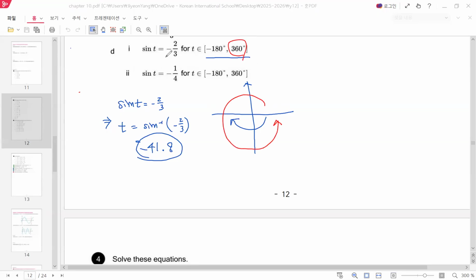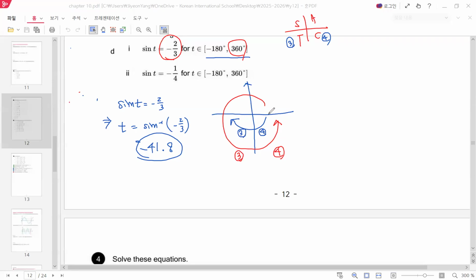So since sine value is negative, by using the CAST rule, this angle should be located on the 3rd quadrant and 4th quadrant. So from the positive direction, there is a 3rd quadrant one, a 4th quadrant one. On the negative direction, there is a 4th quadrant one and a 3rd quadrant one.